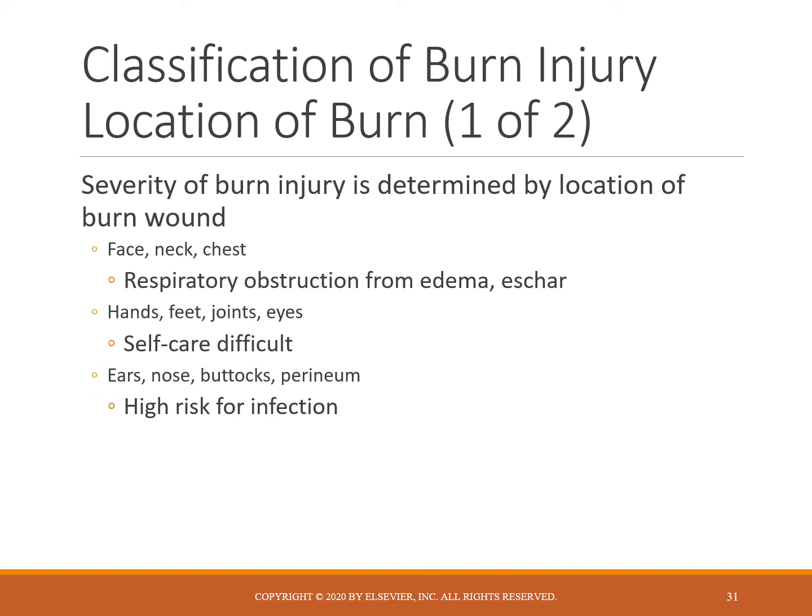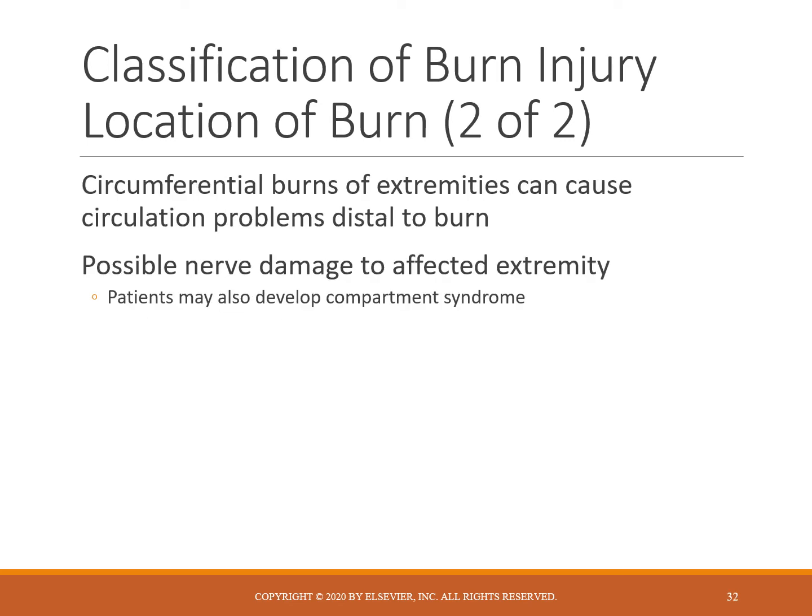And if their injury is in their ears, their nose, their buttocks, their perineum, then they're at high risk for infection, because if there's an opening there, that is really room for the microorganisms to go. Now, remember that with circumferential burns of extremities, it can cause circulation problems distal to the burn.